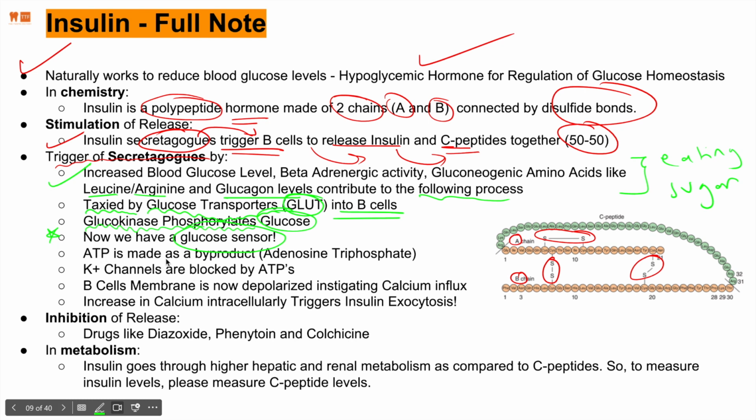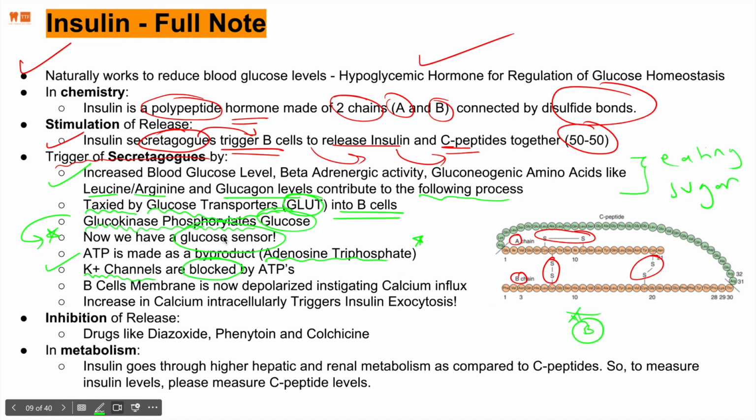ATP is made as a byproduct of this metabolism, glucokinase phosphorylation. Adenosine triphosphate is a form of energy that attaches itself to K channels and closes them. Okay, K channels are present on the beta cell, and ATP closes them.